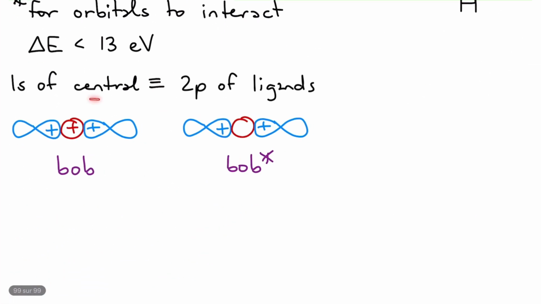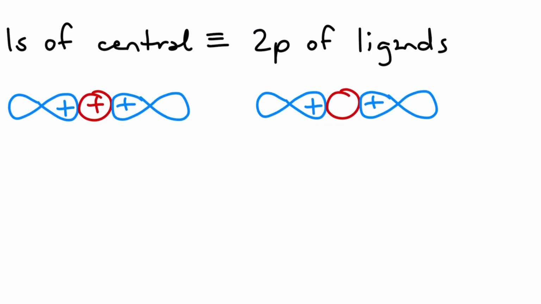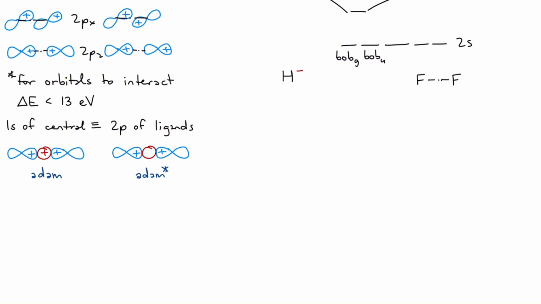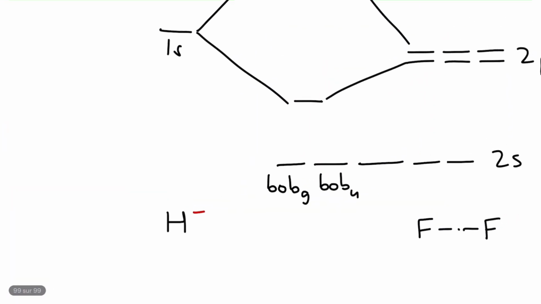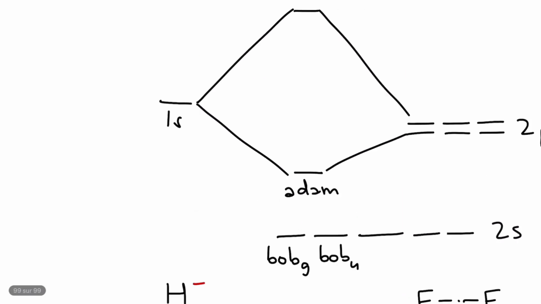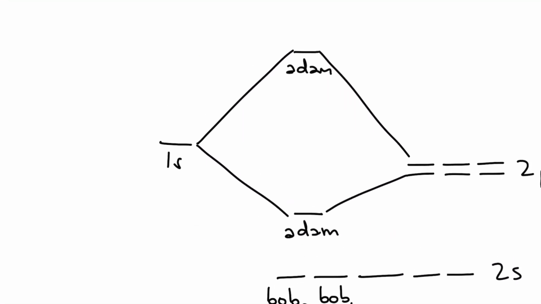So it's going to be these two of these. Well, let's not call it Bob anymore. Let's call it Adam. This will be Adam star. You can really name your orbitals anything, but just don't name them Bob or Adam. It doesn't really communicate anything, but for the sake of the video, I'm just going to name them Bob and Adam.